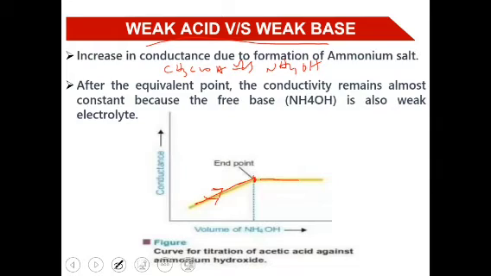That means the conductivity remains almost constant. So this is about weak acid versus weak base.